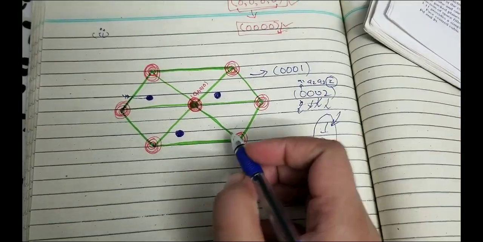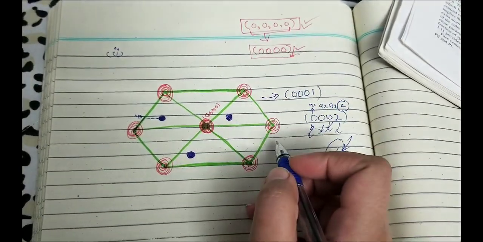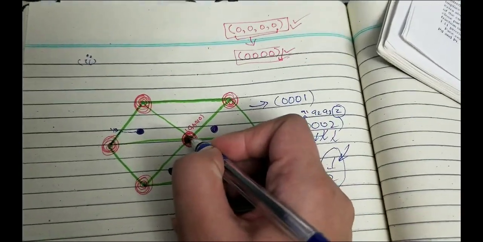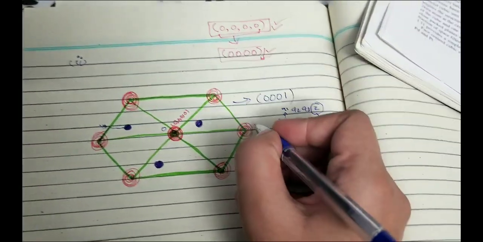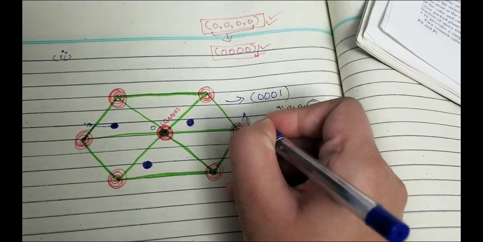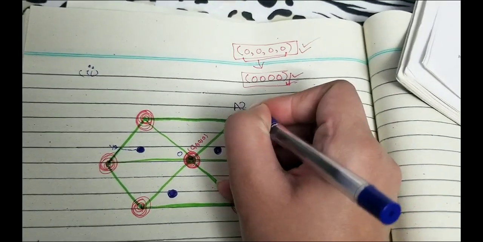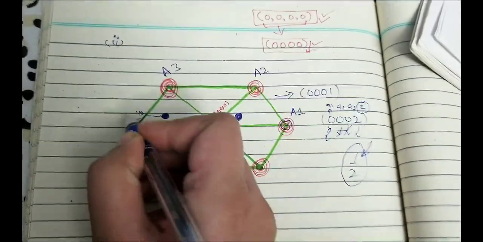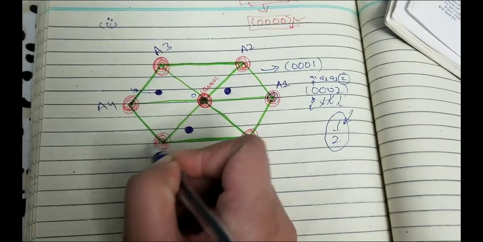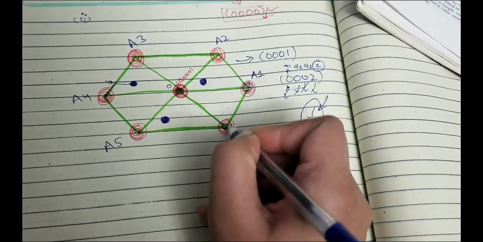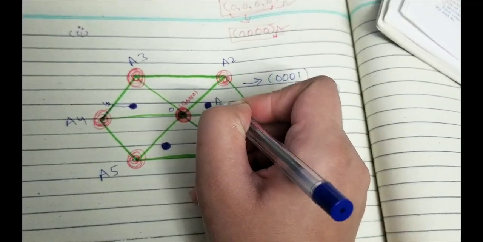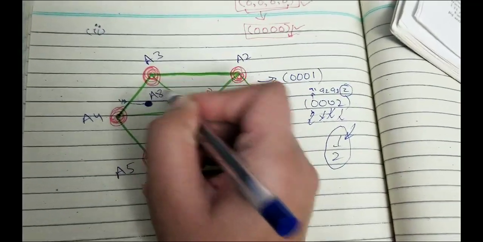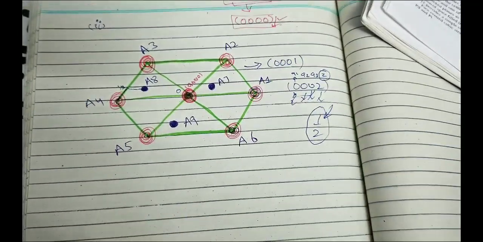All right, let us name all of the atoms. This is the center atom, whose position doesn't need to be determined. Let this atom be A1, A2, A3. Let this atom be A4, this A5, this A6, and let this atom be A7, this atom be A8, this atom be A9.